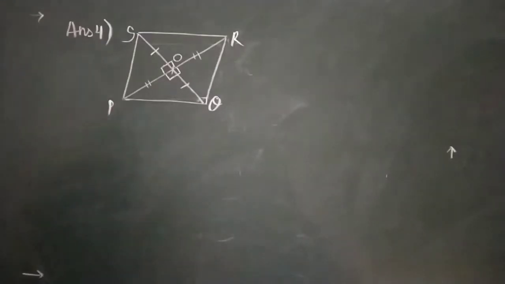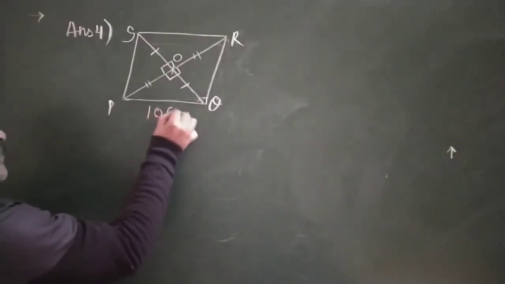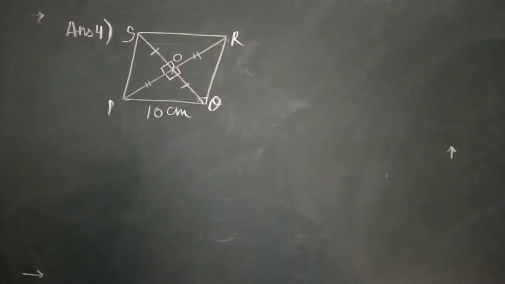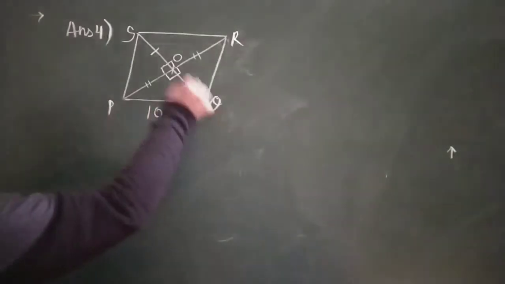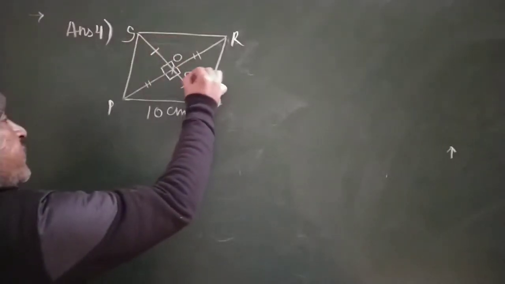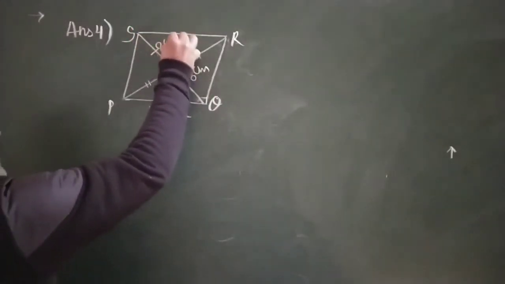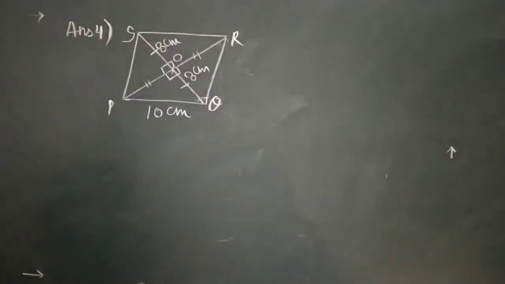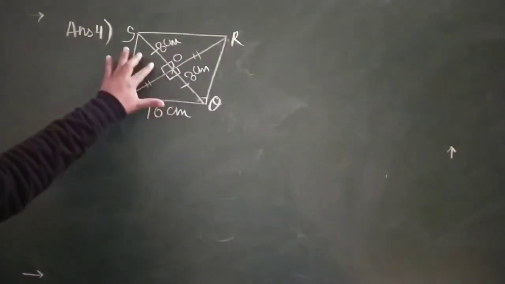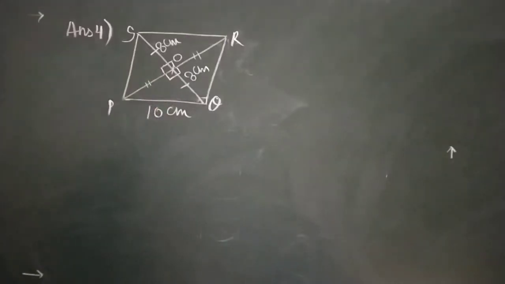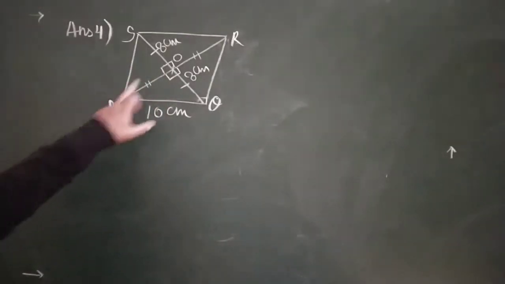PQ is 10 centimeter. Second thing, QS is 16 centimeter. QS is 16. It means OQ and OS will be 8 centimeter each. Okay, as I had just told you that they are bisecting. These parts are equal to each other. Now what we have to find out? We have to find out the length of PR.